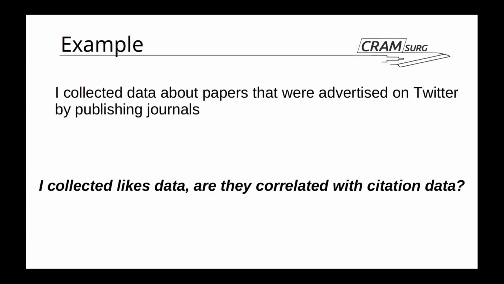So let's go on with a practical example. For my dissertation, as you probably by now know by heart, because I've spoken about this many times, I collected data about papers that were advertised on Twitter by publishing journals. For the purposes of today's example, we're going to check if the likes data are correlated with citation data.